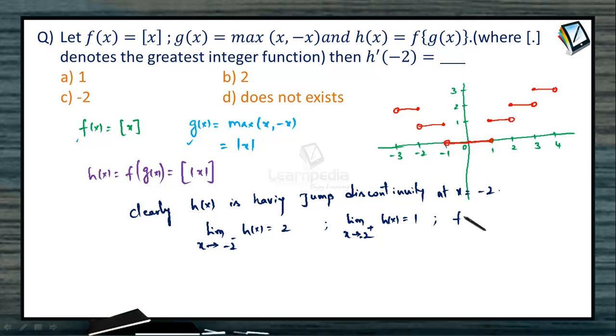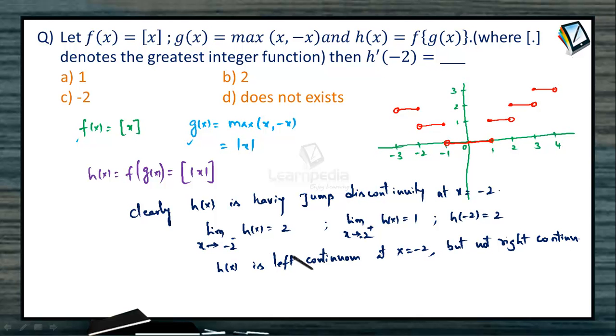And not only this, what is the h of minus 2 value? At minus 2 the function will take a value of 2. So if you clearly observe this, h of x is left continuous at x equal to minus 2 but not right continuous. So finally h of x is having a jump discontinuity.